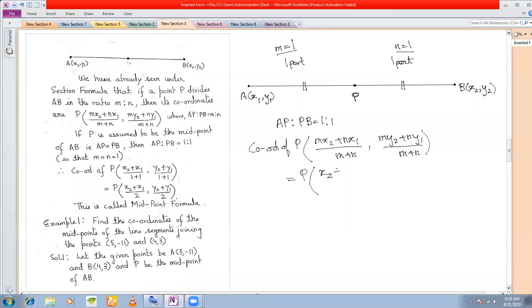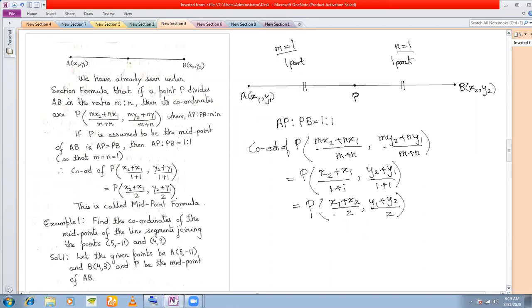What you get here is x2 plus x1 by 1 plus 1, y2 plus y1 by 1 plus 1. So therefore, if you simplify this, you will get the coordinates of P as x1 plus x2 divided by 2, y1 plus y2 divided by 2.